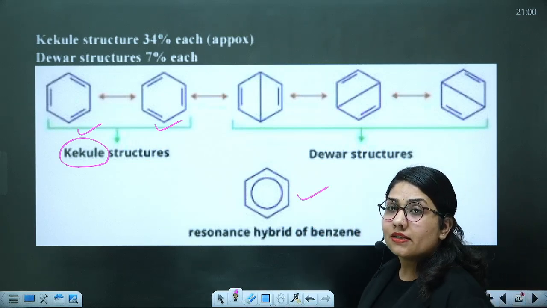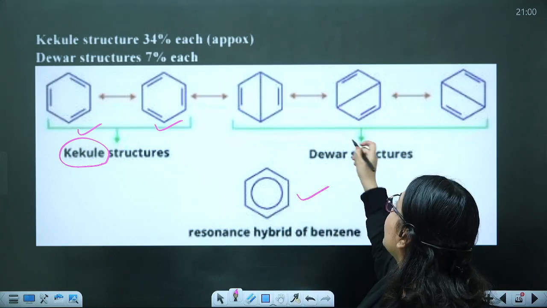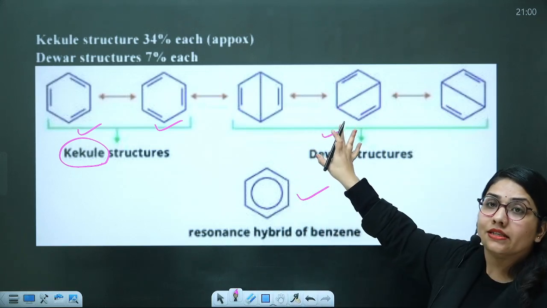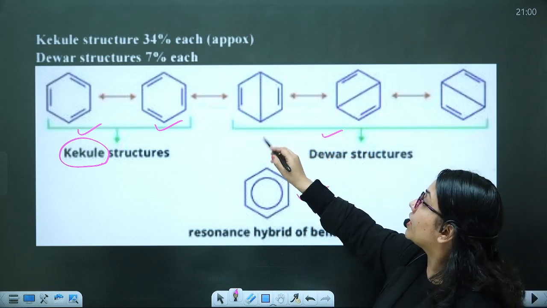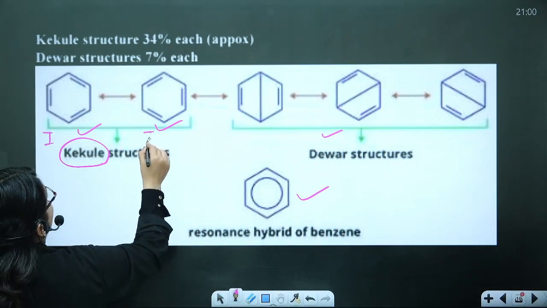There was a scientist, Dewar, who also suggested some resonating structures for benzene, and they were like this. There were 3 structures, so let us name them. This is structure 1, this is structure 2.